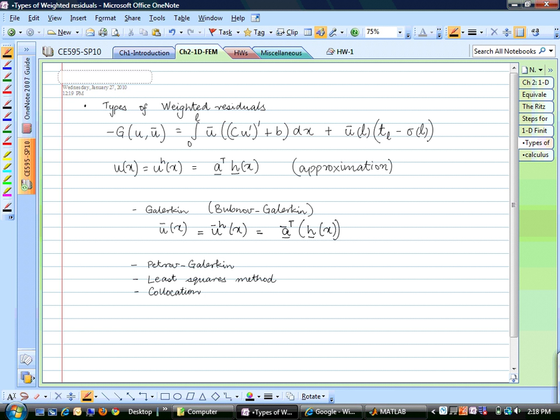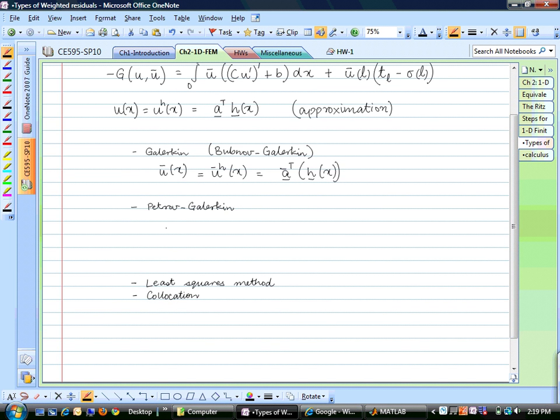On the other hand, we also have something called the Petrov-Galerkin method. For a Petrov-Galerkin method, our u bar of x is approximated a little differently. U bar at h is equal to the sum of the same scalar coefficients, but now we multiply them with a different set of h functions.